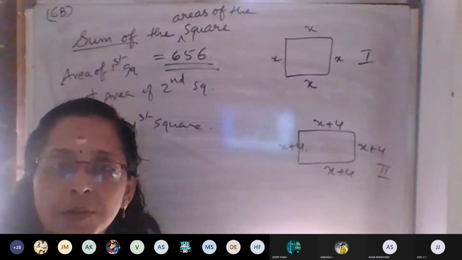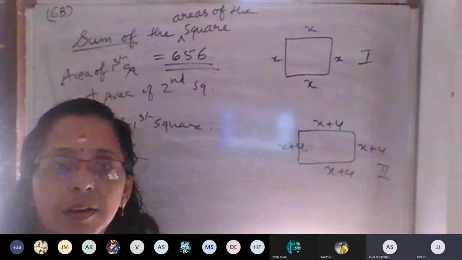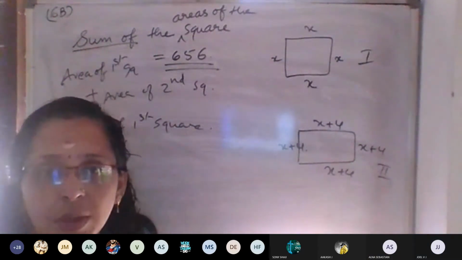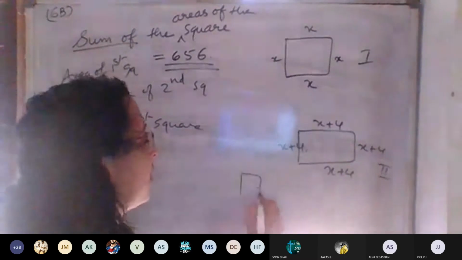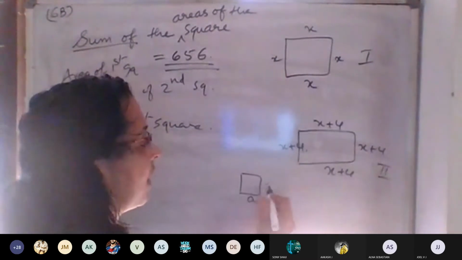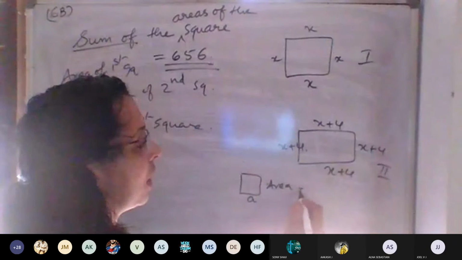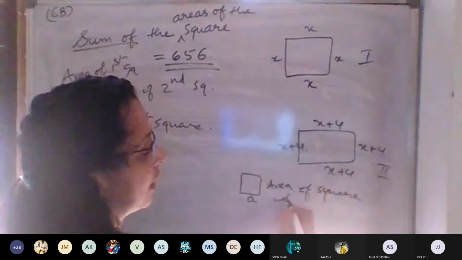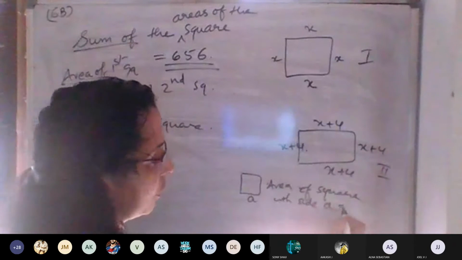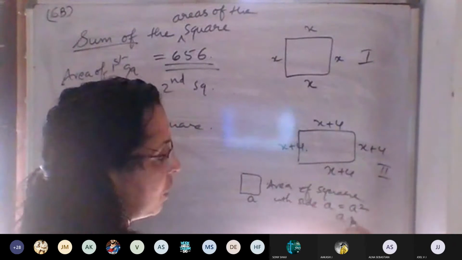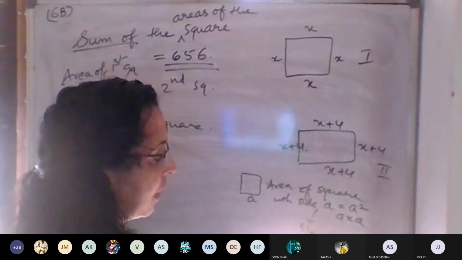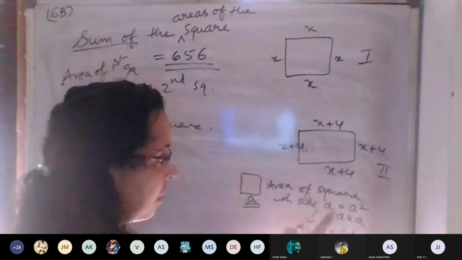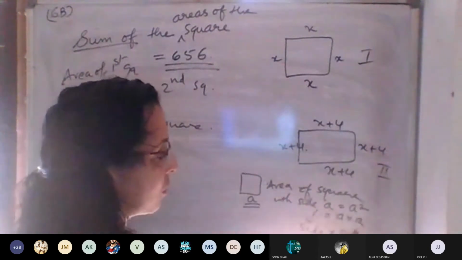Area of a square is side into side. If a is the side of a square, as we studied, then the area of the square is a into a, that is a square. Side into side is the formula.